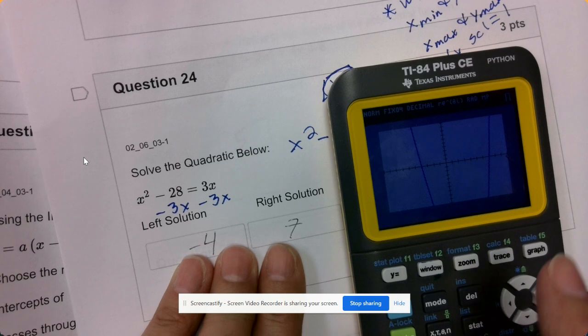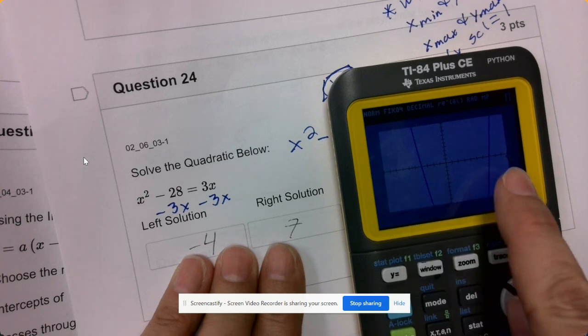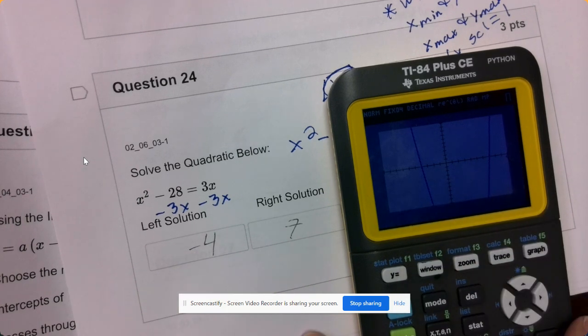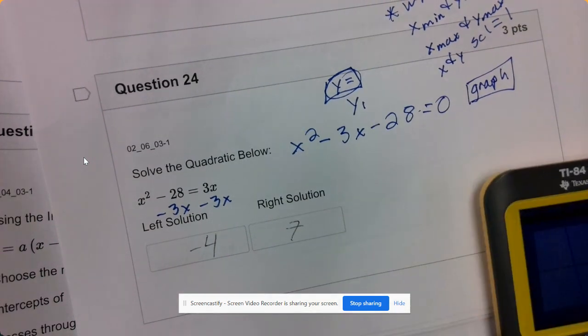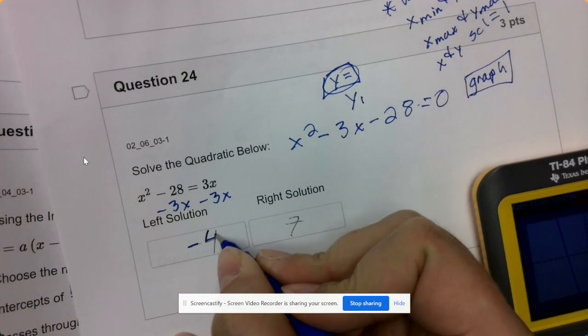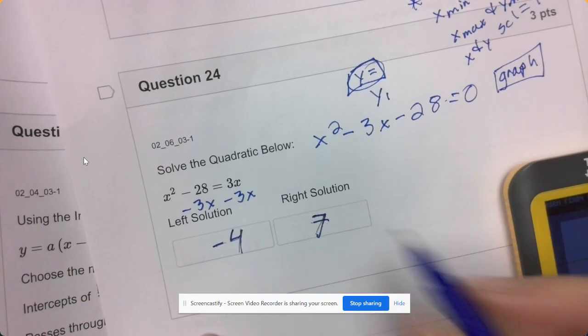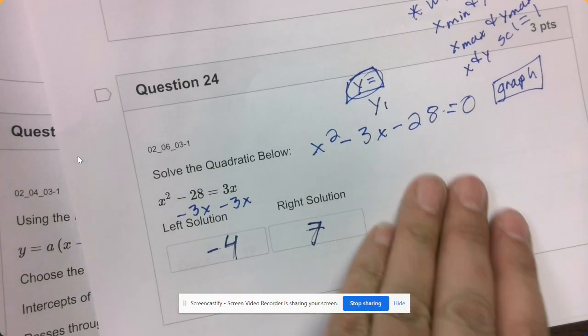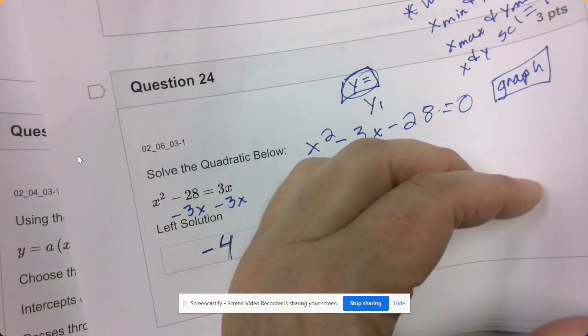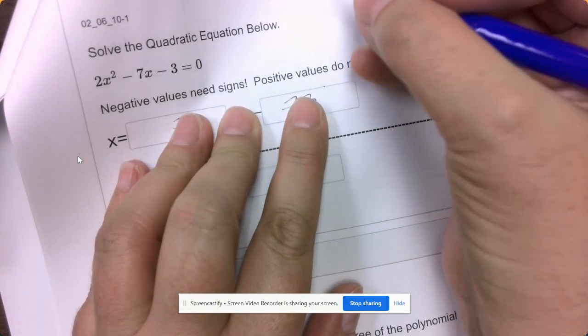So -4 and 7. Sorry, it's so dark. Remember, you can also go second and graph to look at the table and do where y is equal to 0. Okay, so this one we're going to solve using the quadratic formula.